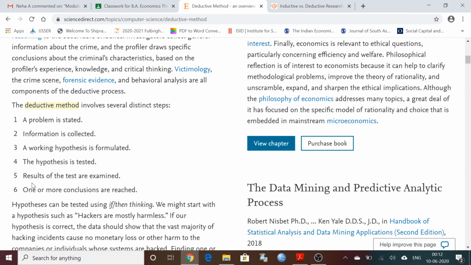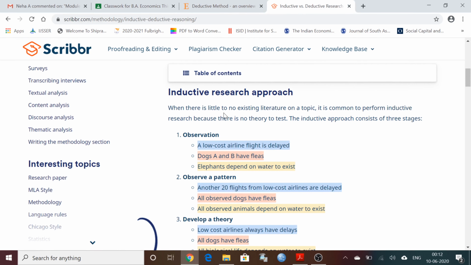Of course, there is observation, right? See the importance of inductive method, inductive research. When there is little to no existing literature on a topic, that means there is no existing literature on a topic, it is common to perform inductive research.